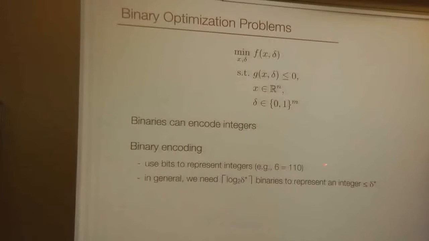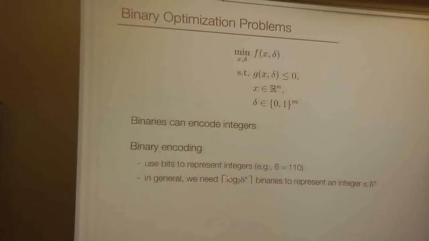So we know that it's 0 times 2 to the power of 0 plus 1 times 2 to the power of 1 plus 1 times 2 to the power of 2, and that gives us 6. Okay? And actually, we can also derive the exact number of binary variables that are needed to represent integers of size at most delta star here. We need log 2 of that upper bound, that many bits, but we have to round to the ceiling.